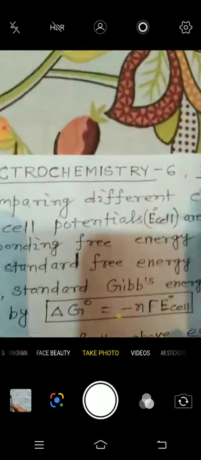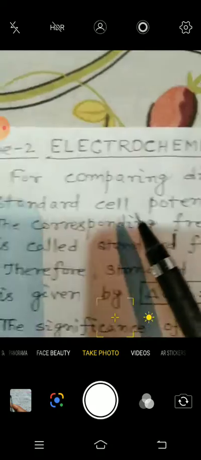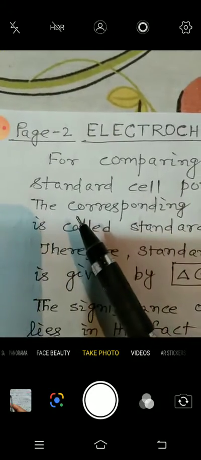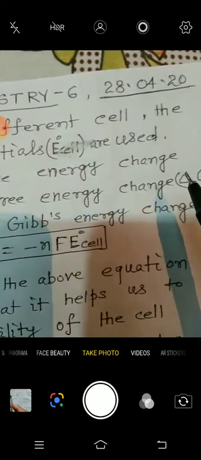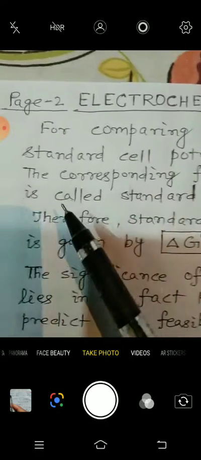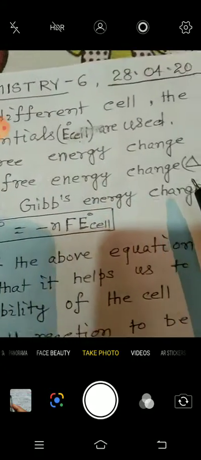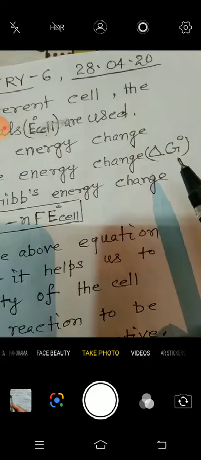For comparing different cells, the standard potentials are used, that is E naught cell. The corresponding free energy change is called standard free energy change, that is delta G naught.